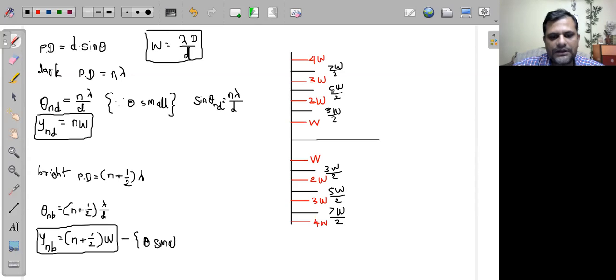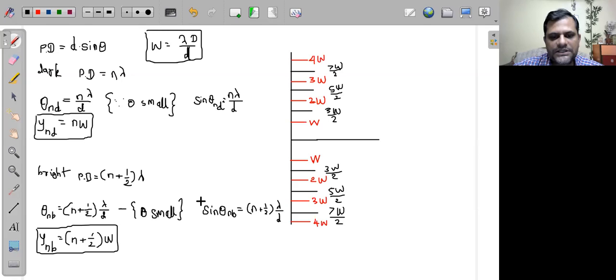अगर theta बहुत छोटा है तो ही हम ये use कर सकते हैं. But if it is not, then theta will be replaced by sine theta. Okay, this formula can be used only when theta is very small. But if it is not, then we have to use sine of theta n, which will be equal to n plus half into lambda by small d.